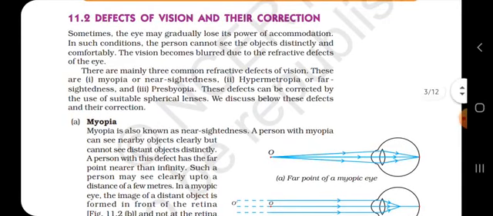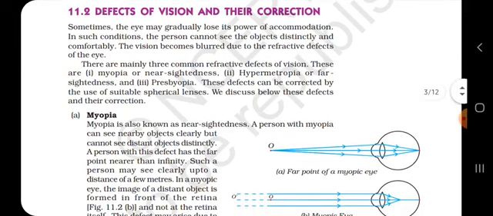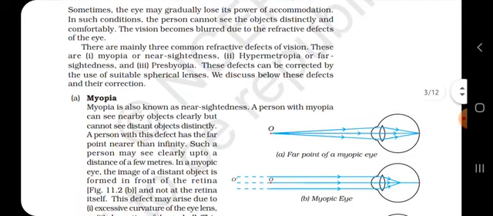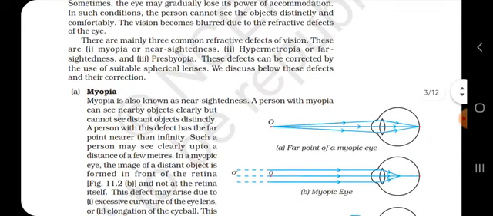So there are generally two types of common refractive defects of vision, and they are hypermetropia and myopia. You can also say myopia is nearsightedness and hypermetropia is farsightedness. And the third one is presbyopia. Okay.